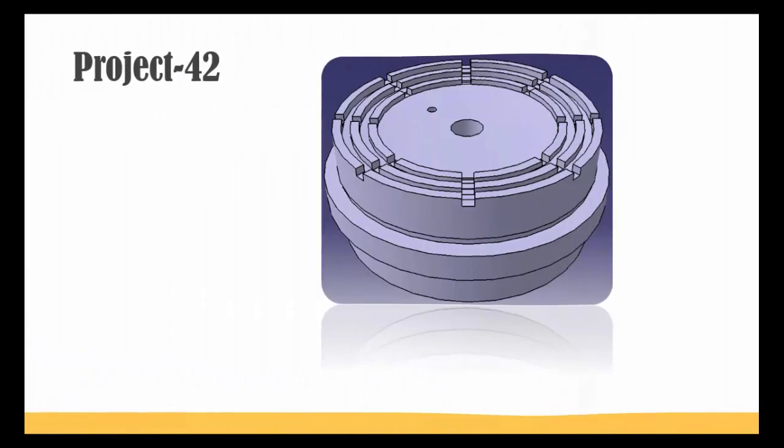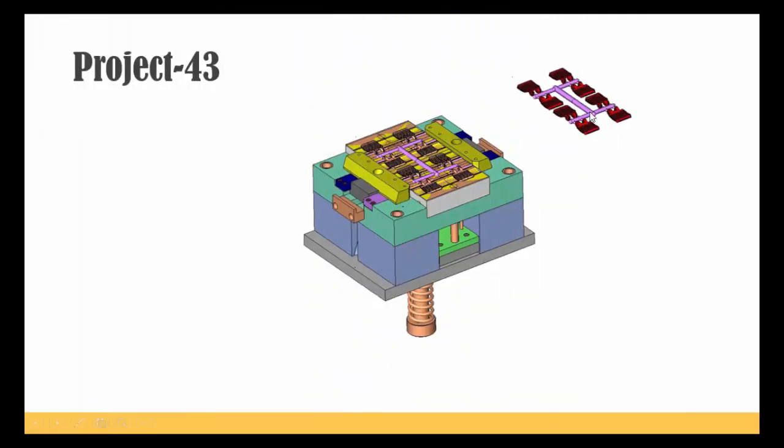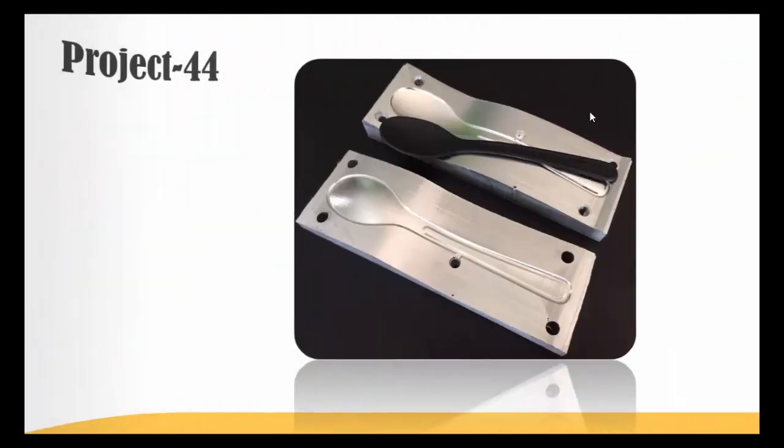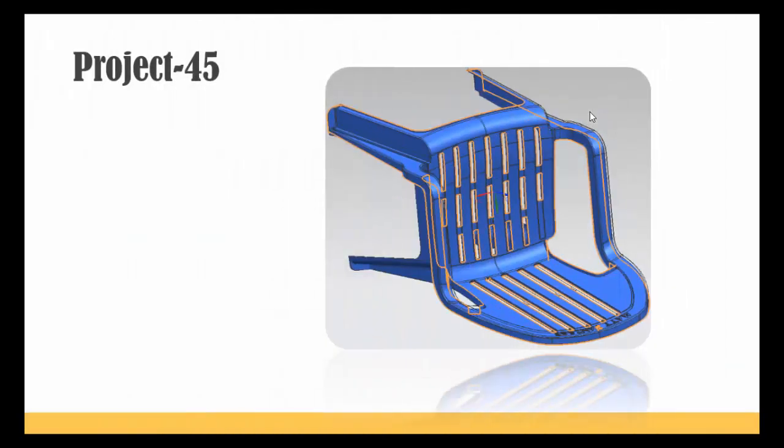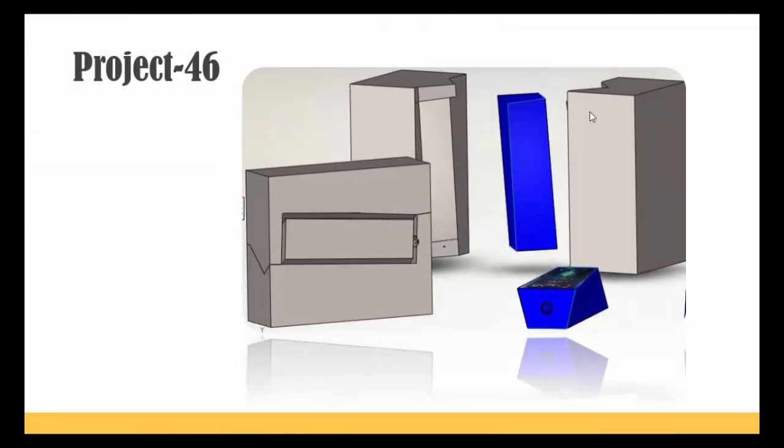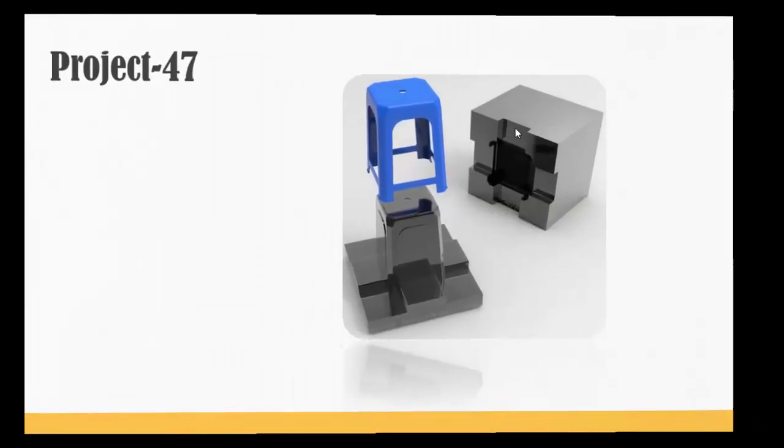So with this variety of projects, you can select the right kind of project that directly can cater to your industry, and if you don't find one, then we can customize and send one for you, or maybe up to 10 for you, and directly you can apply that. This is basically typical packaging of a shampoo, and you can see this is twisted, and this typical packaging they are taking.